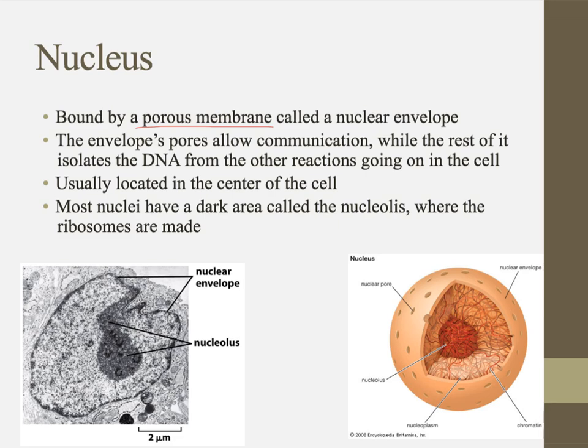That means that molecules can pass from the inside of the membrane out and vice versa. So that's kind of important. It's usually located in the center of the cell, but as we've already discussed with plants, that's really not a possibility. And then most nuclei have a dark area called the nucleolus, where ribosomes are made.